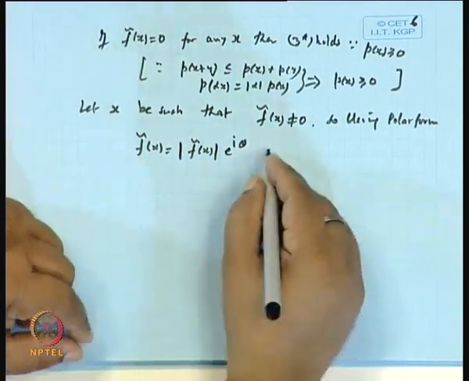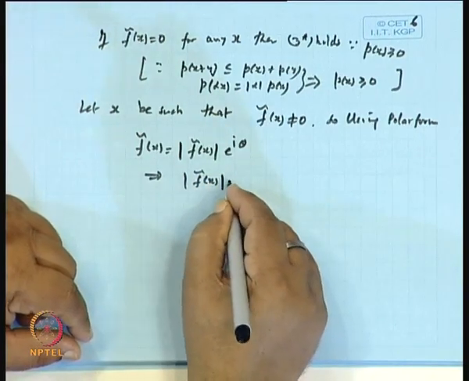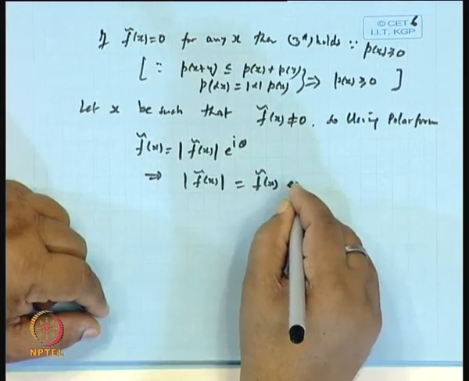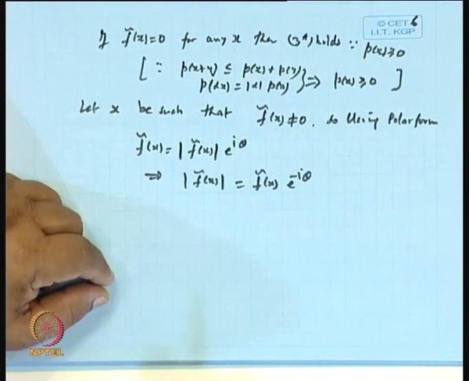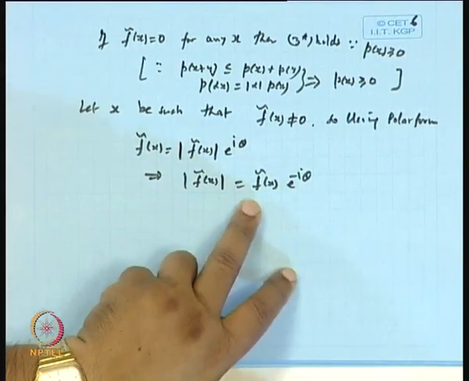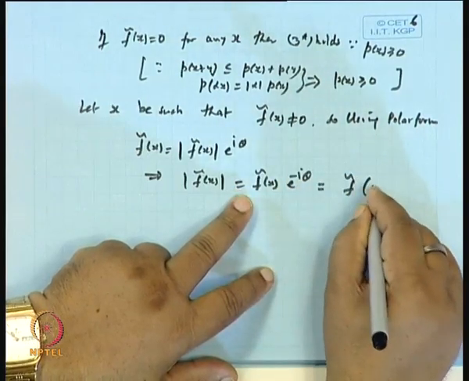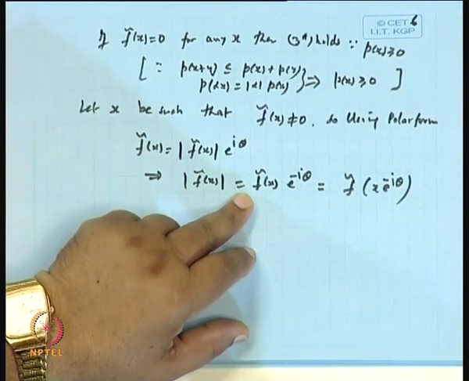Then from here we can say modulus of f delta x is equal to f delta x e to the power minus i theta. Now, e to the power minus i theta can be taken inside, and we get f delta of x e to the power minus i theta, as f delta is linear.